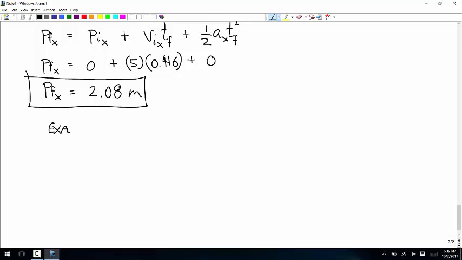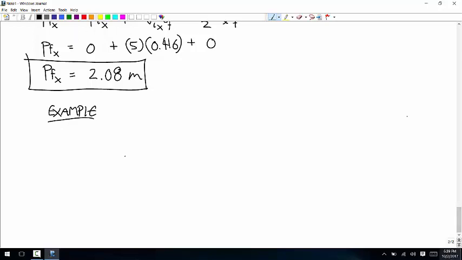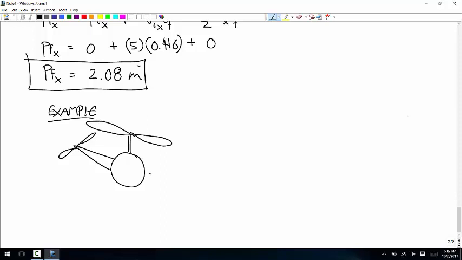Okay, let me give you one to work on together. So let's say there's this helicopter. And let's say that it's moving 20 degrees above horizontal at 40 meters per second.